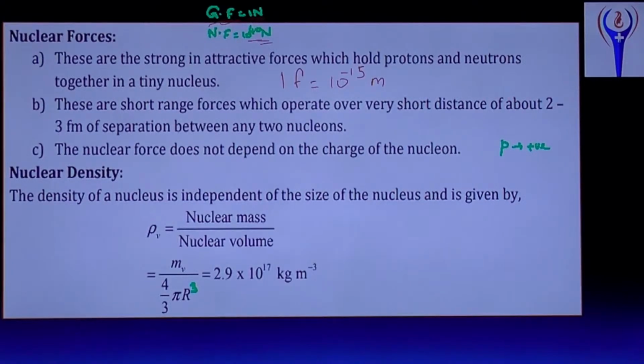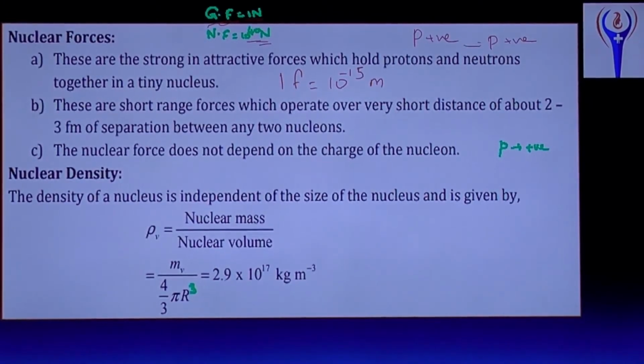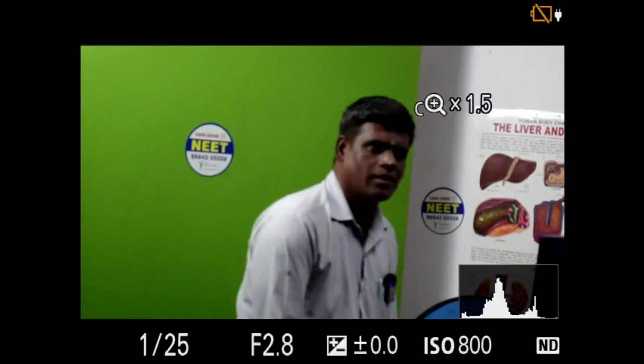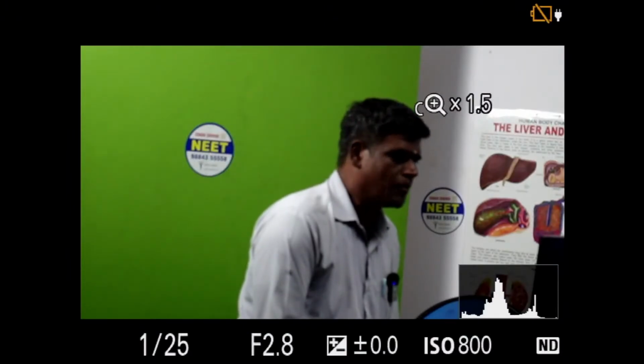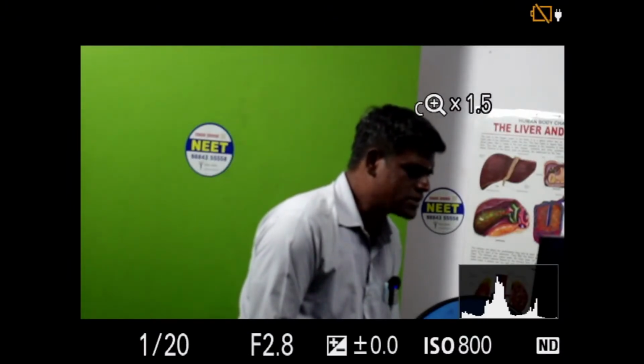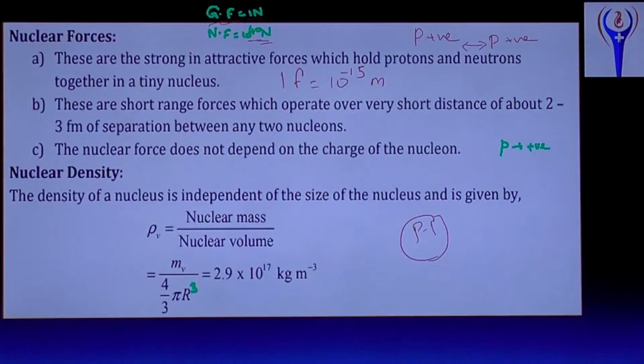And third, nuclear force does not depend on the charge of the nucleons. What is the charge of a proton? Positive. Another proton is also positive. If you bring two protons together, what will happen? They should repel. But inside a nucleus, proton with proton also attracts only, no repulsion. When is that possible?